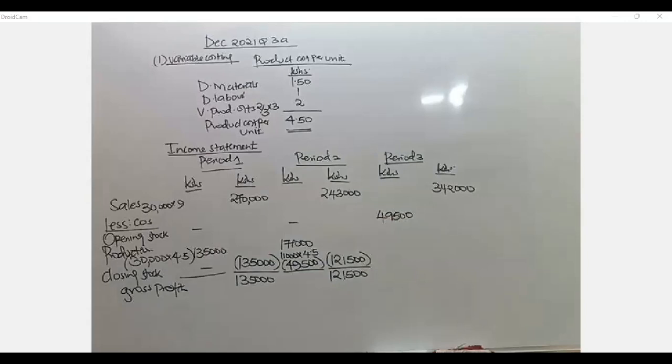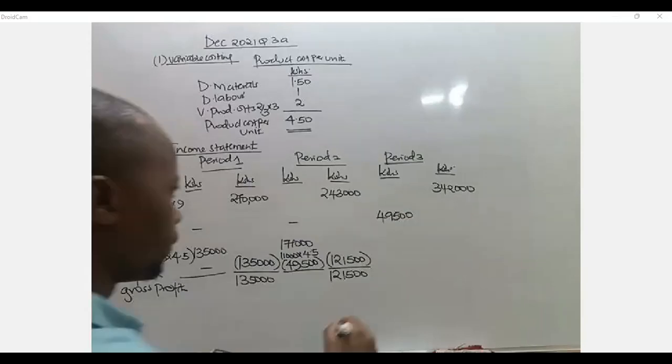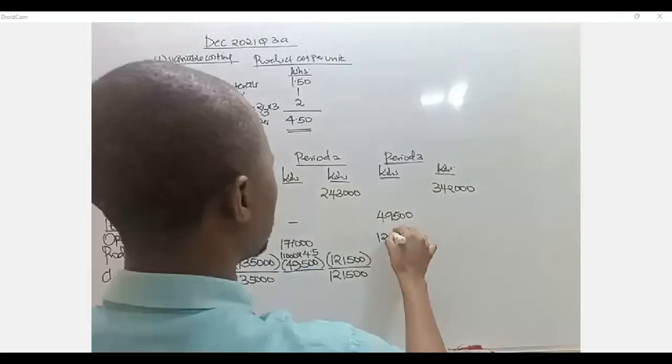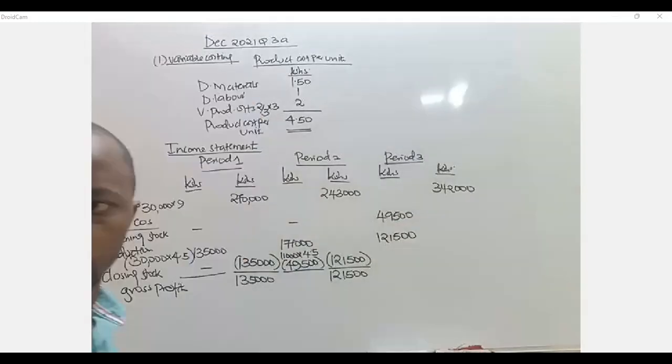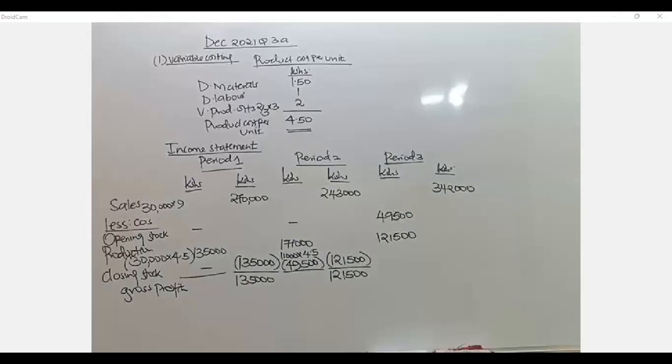So 27,000 times 4.5, getting 121,500. Then you go to the closing stock.